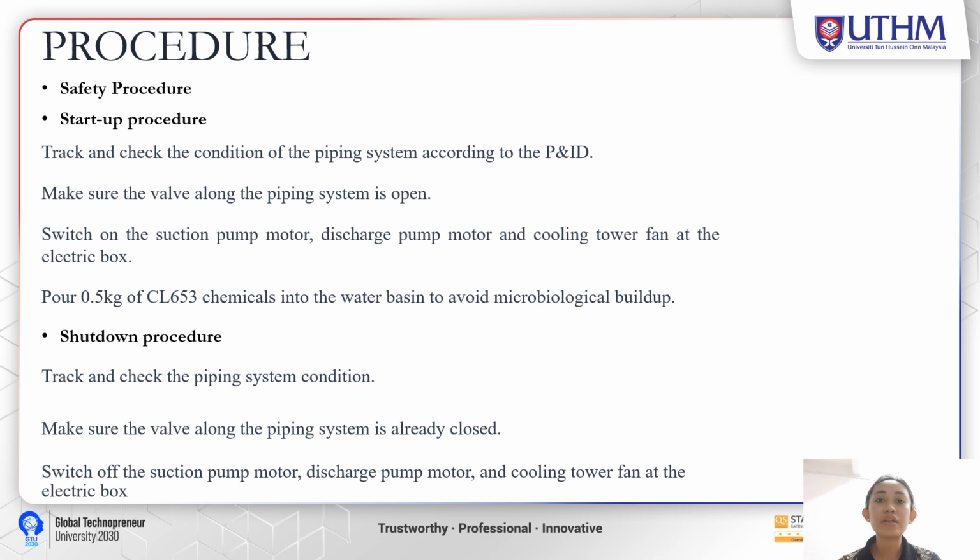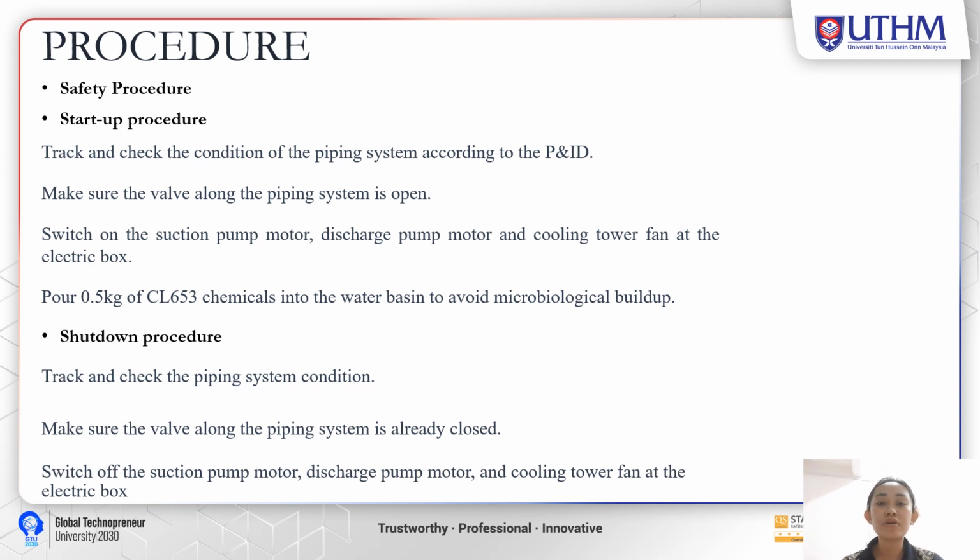The second one is to make sure the valves along the piping system are open. The third one is switch on the suction pump motor, discharge pump motor, and cooling tower fan at the electrical box. Pour 0.5 kg of CL653 chemicals into the water basin to avoid microbiological build-up.